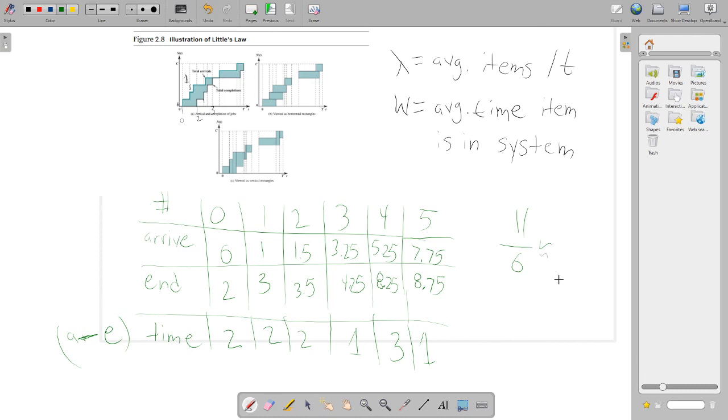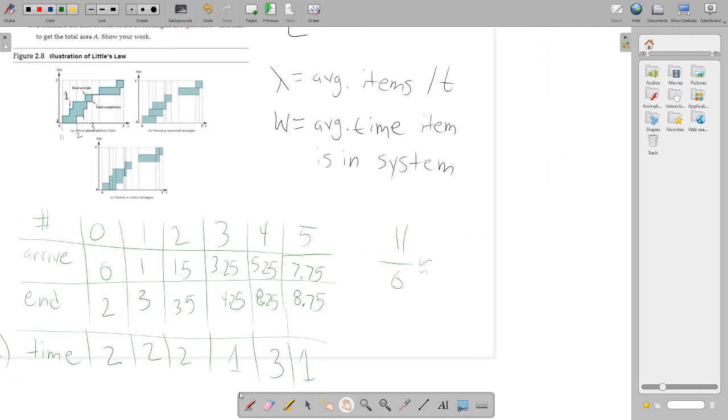That's about 1.8, probably exactly. And so that's the average time that it's in the system. So that's W. That's part of Little's Law.